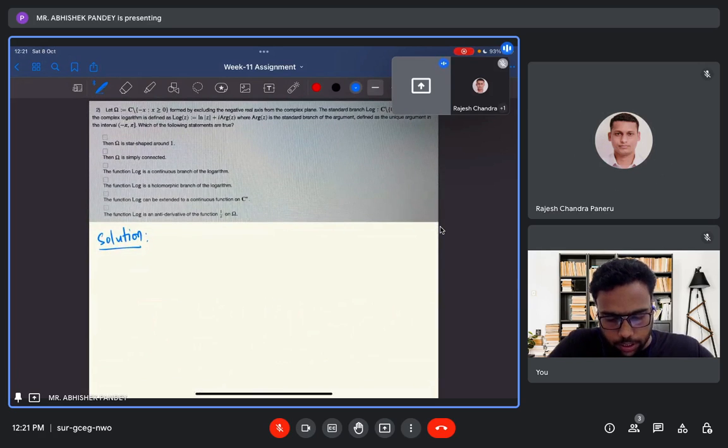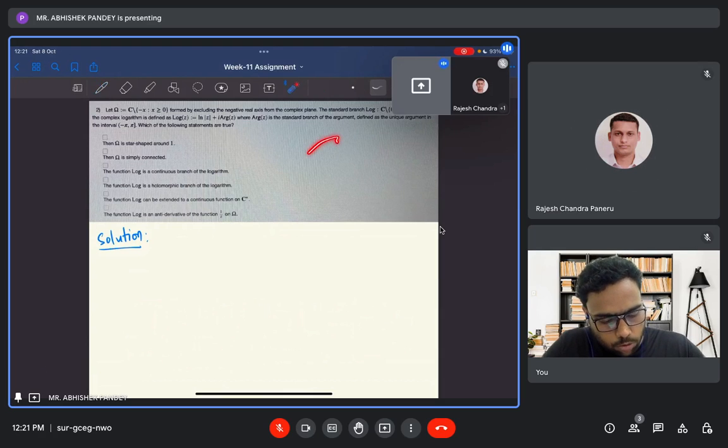Now this is the domain that we have defined, basically C minus the negative real axis. Which of the following is true? Star shaped around 1. Do you know what you mean by star shape? No, sir.